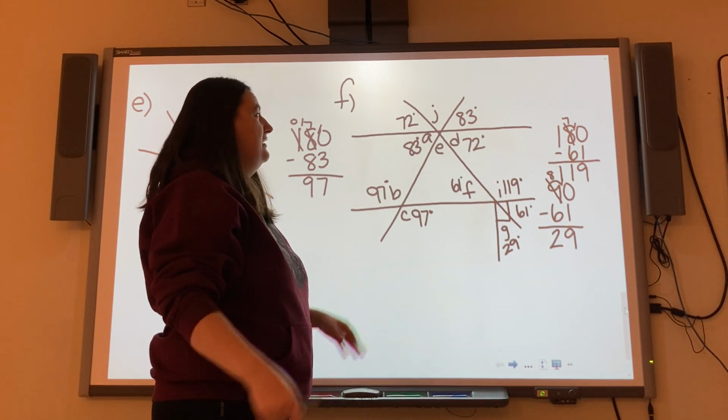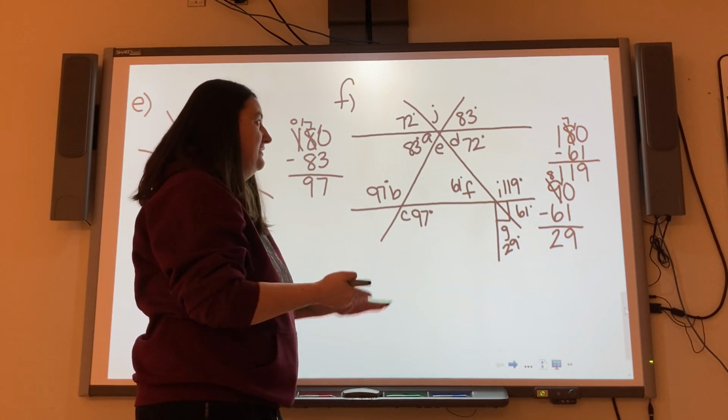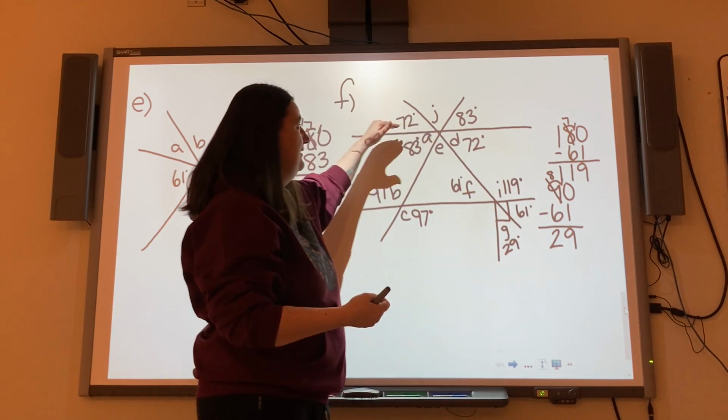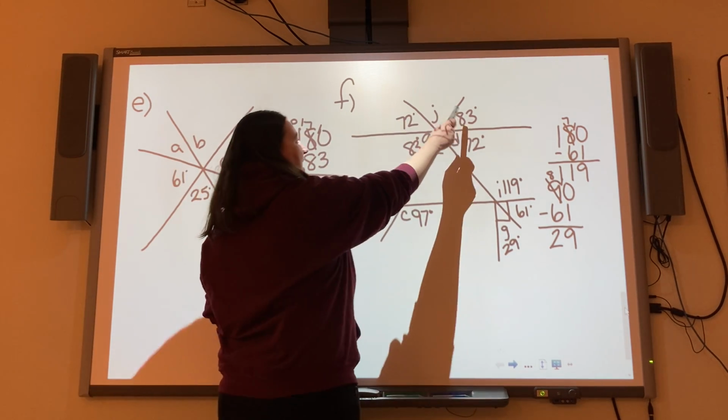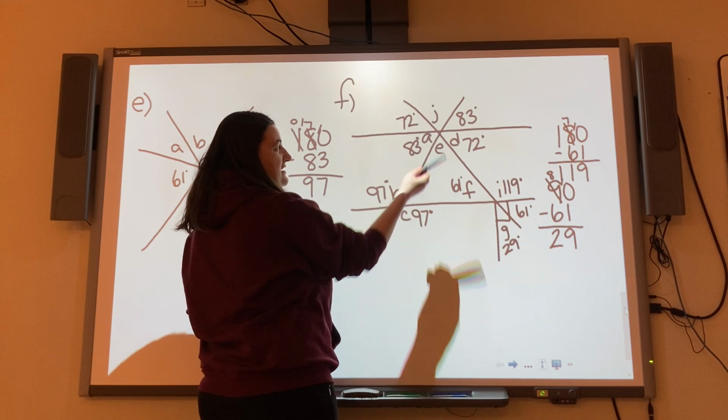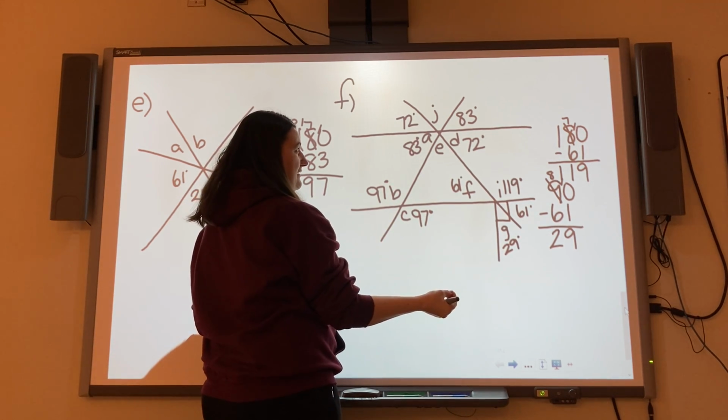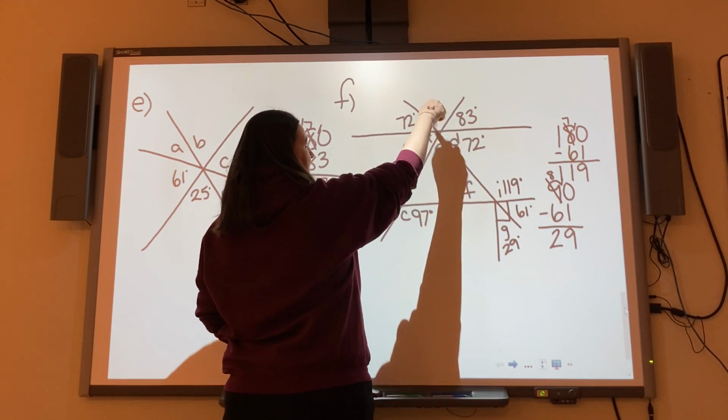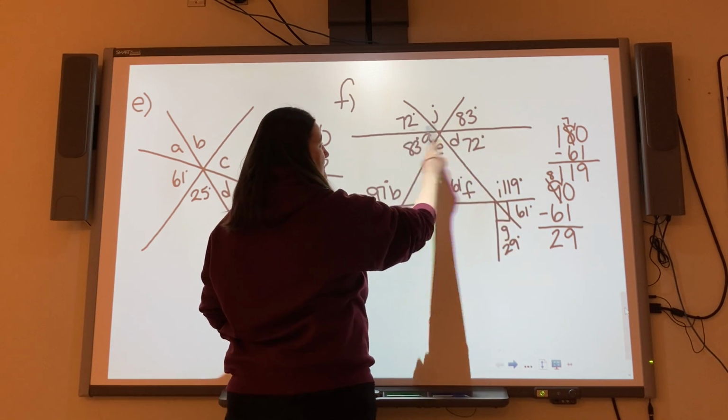So knowing that a straight line is 180, if I add 83 and 72 together and then take away from 180, I'll get angle J, because here's my straight line.